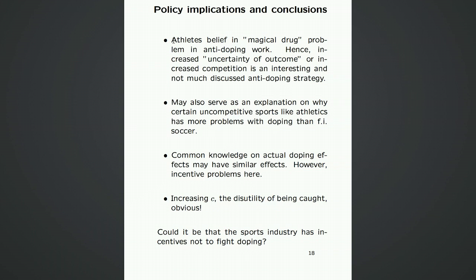If there is more than a single person who is good and can prove to be very good, then you get a situation where, to a certain extent, even if you believe in a magical drug, you cannot be sure to win. And of course, if you really take the risk of doping, you would like to maximize the probability of being sure of winning. So one way of reversing this is to think that if you increase competitiveness within the sport, that could actually have positive effects on drug taking.